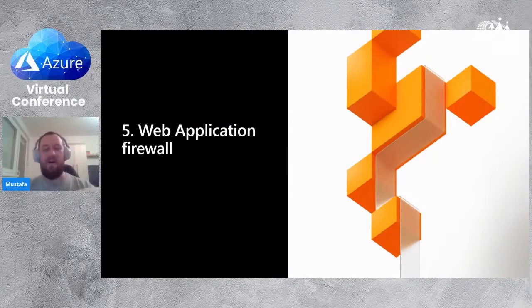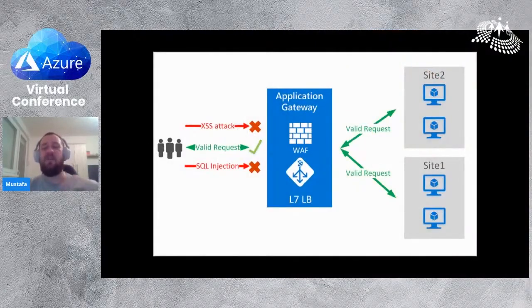Next thing, web application firewall. Very cool part. Web application firewall is part of Application Gateway, which is basically a layer 7 load balancer. But what it does, it provides you with a lot of filtering options. It can distinguish what kind of request is valid and which one is malicious.